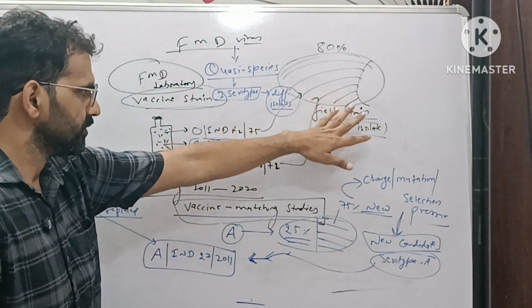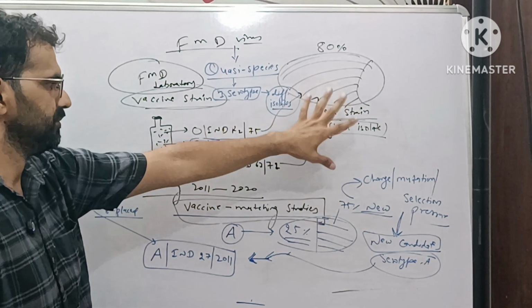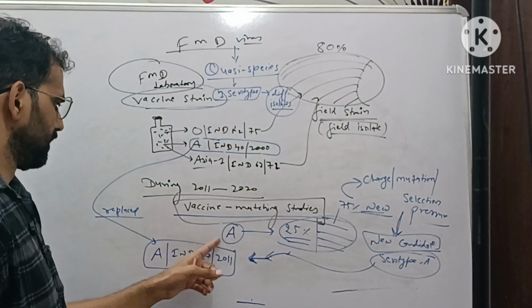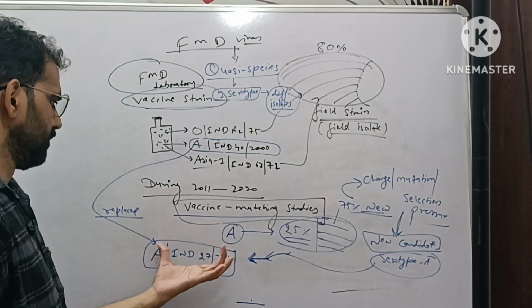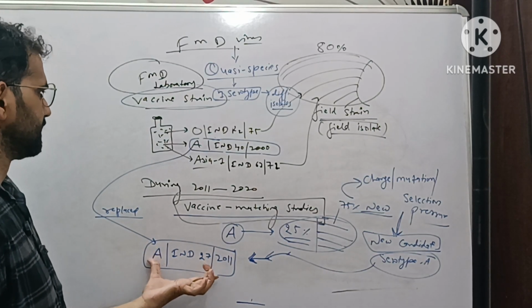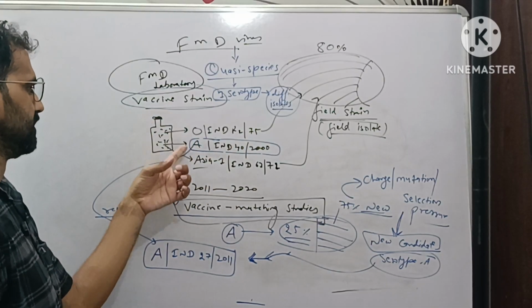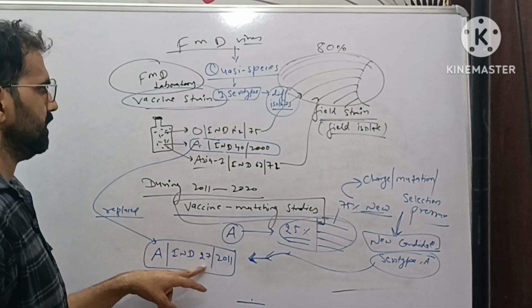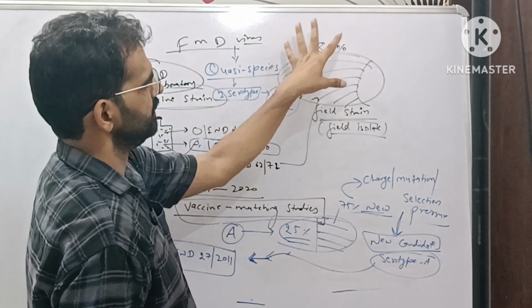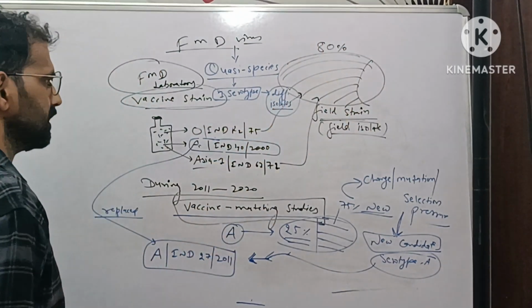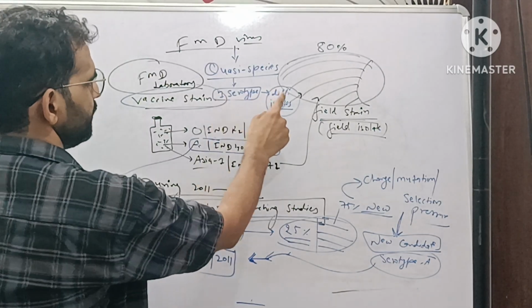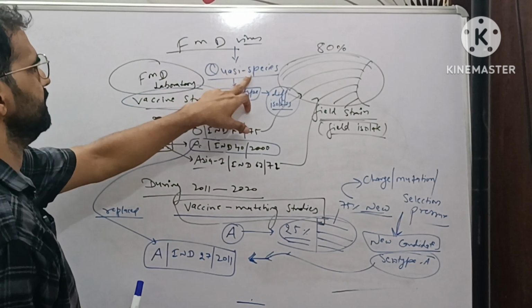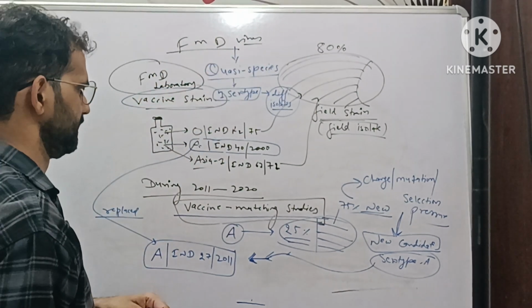Now the field isolates undergo changes, mutation, some selection pressure, and they become different. So now we are selecting one more field isolate and standardizing it for the preparation of vaccine. The serotype is the same, serotype A, but these are different isolates. One serotype having different isolates is known as quasi-species, and this is present in FMD virus.